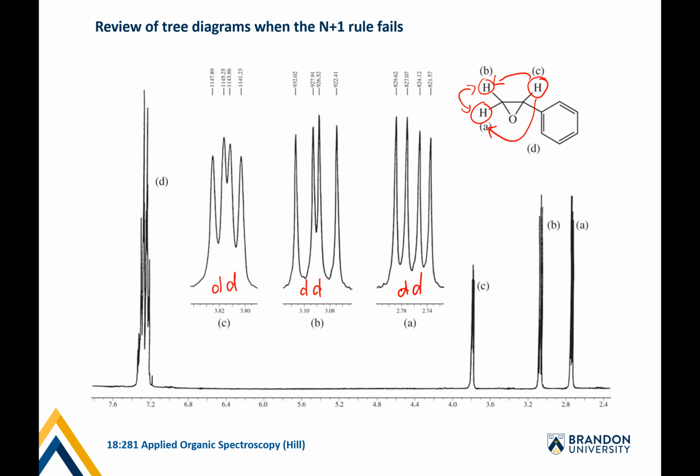The coupling constants between the three: this will be one coupling constant, and this will be the other. This will be one coupling constant, and this will be the other. This will be one coupling constant, and this will be the other. That's basically the way it works. And so this one here between the two, this will be the same over here.